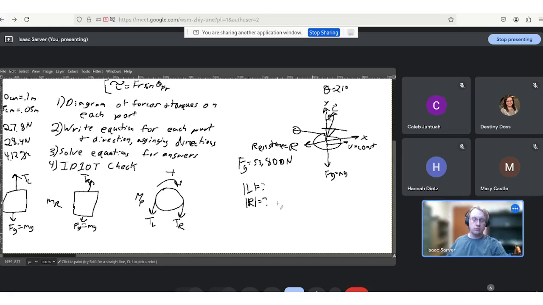Who would like to show me how this problem is done?